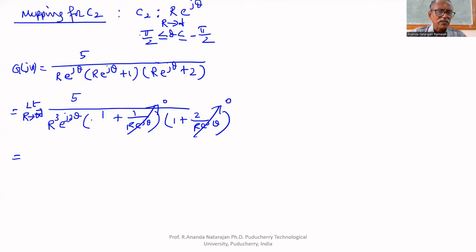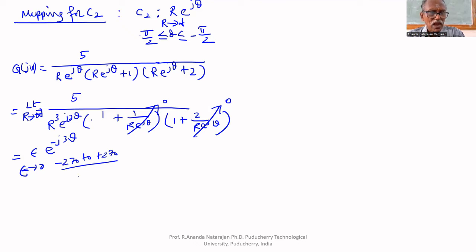As R tends to infinity, it becomes epsilon, as epsilon tends to 0, or you can put simply 0 e power minus j3 theta. Therefore, the angle varies from minus 270 to plus 270. It varies like that.